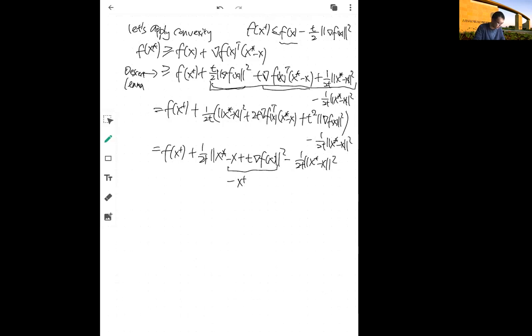So that allows us to write f of x plus plus the norm of x plus minus x star squared minus the norm of x star minus x squared. Okay, that gives us the first chain of arguments. Notice that there's this very nice telescoping structure. We add something that's x star, then we subtract the points that we are starting from. So now let's telescope.